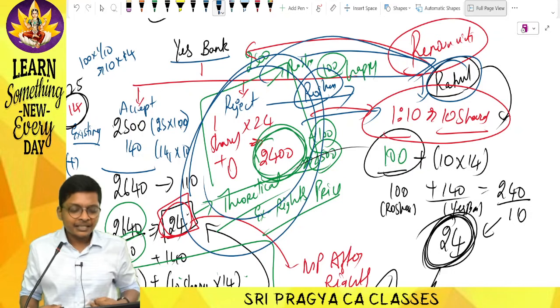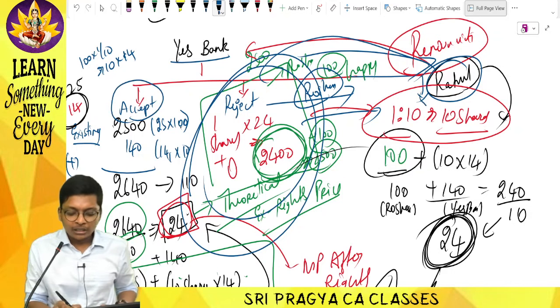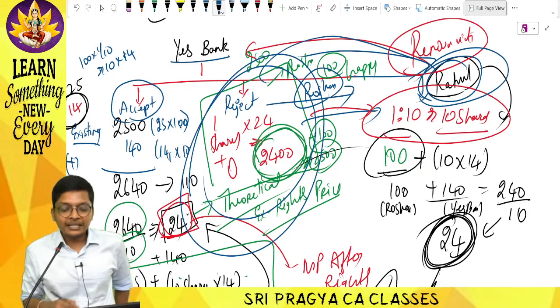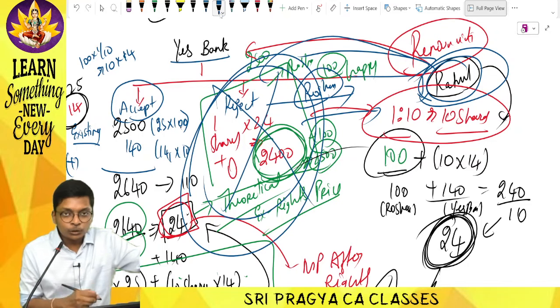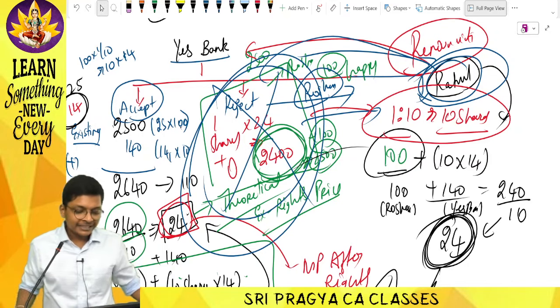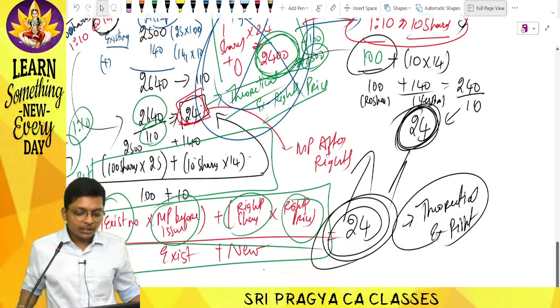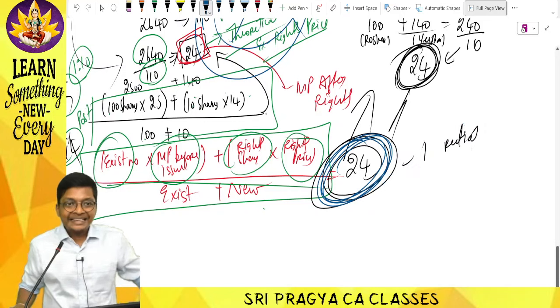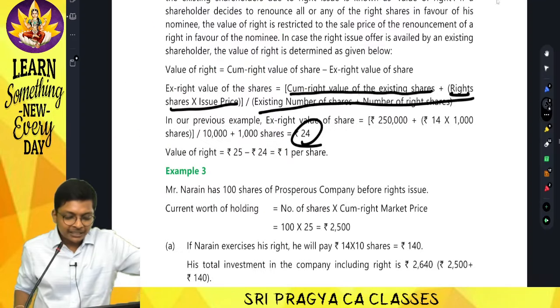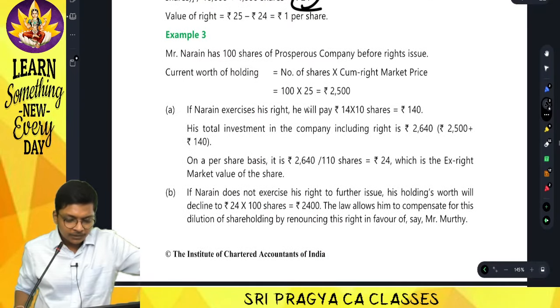So in reality, a shareholder will either accept or renounce, which happens automatically if you don't accept. Rejection is not a question because rejection reduces your portfolio value. In this entire story, what is important is how to compute this 24, and this 24 is called the theoretical ex-rights price. Now let's connect this with our sums.